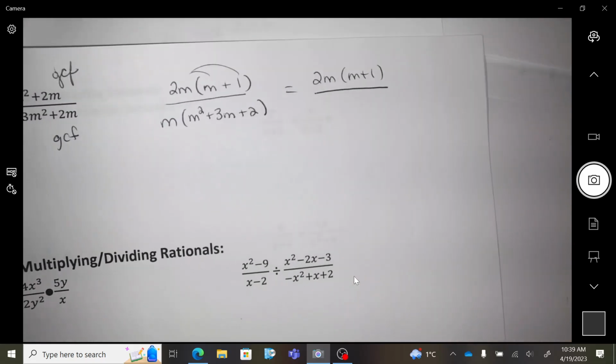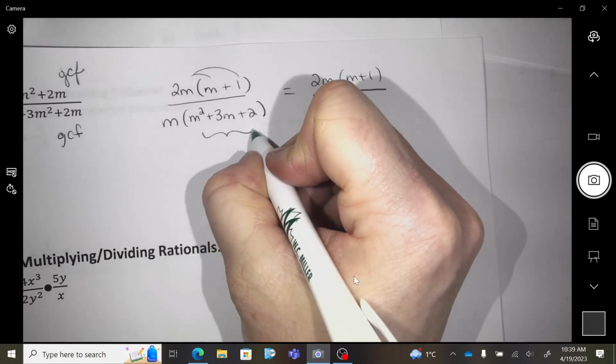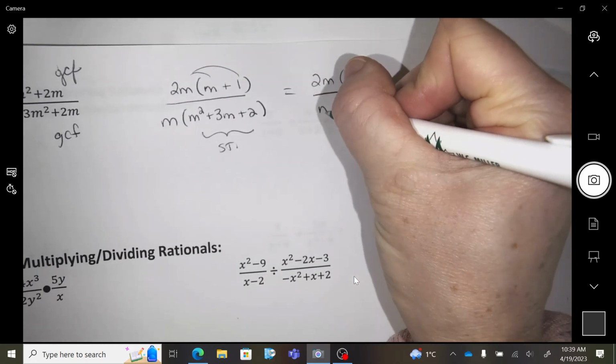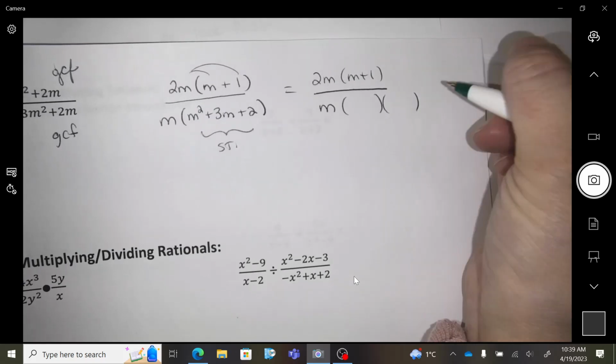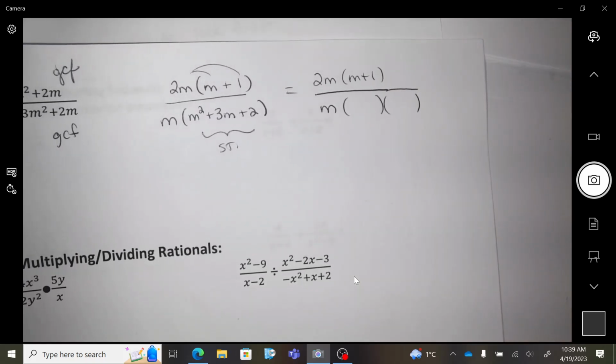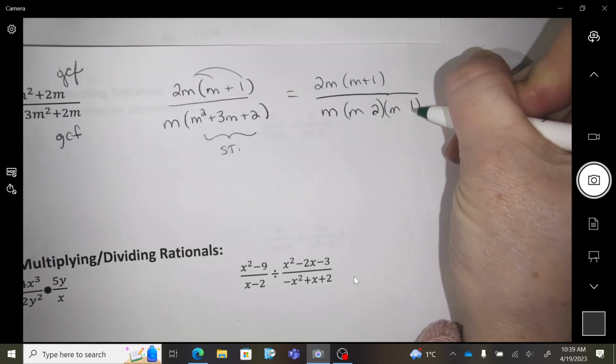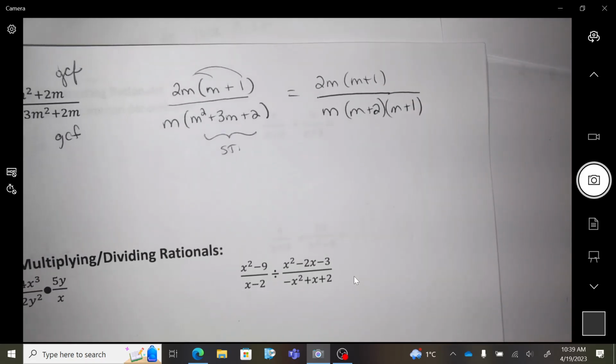Okay, we're going to go further here. This is now a simple trinomial, so I have to factor it twice. We have the m, and then what? M and m multiplies to 2, adds to 3.